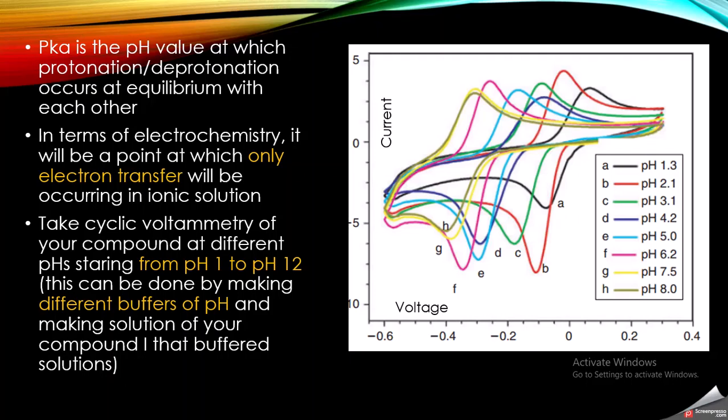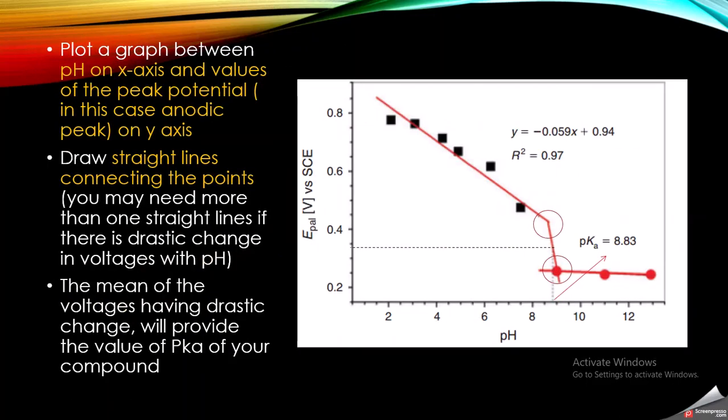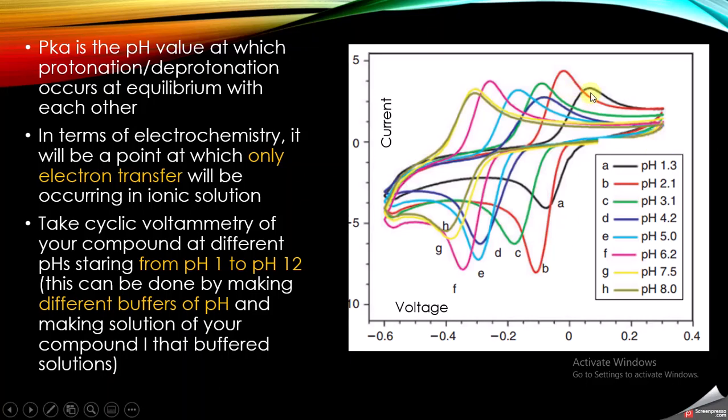Now once you have this CV data, with the current plotted on the y-axis and the voltage on the x-axis, we can convert it to find the value of pKa. Let's see how we can do that. We can take one of the peak positions, either the anodic peak or the cathodic peak. In this figure, this black line is the anodic peak.